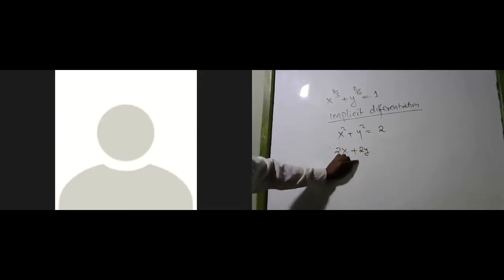Differentiation of x squared is 2x, plus differentiation of y squared is 2y, but because you are differentiating y, we need to write dy/dx, and differentiation of 2 is 0.